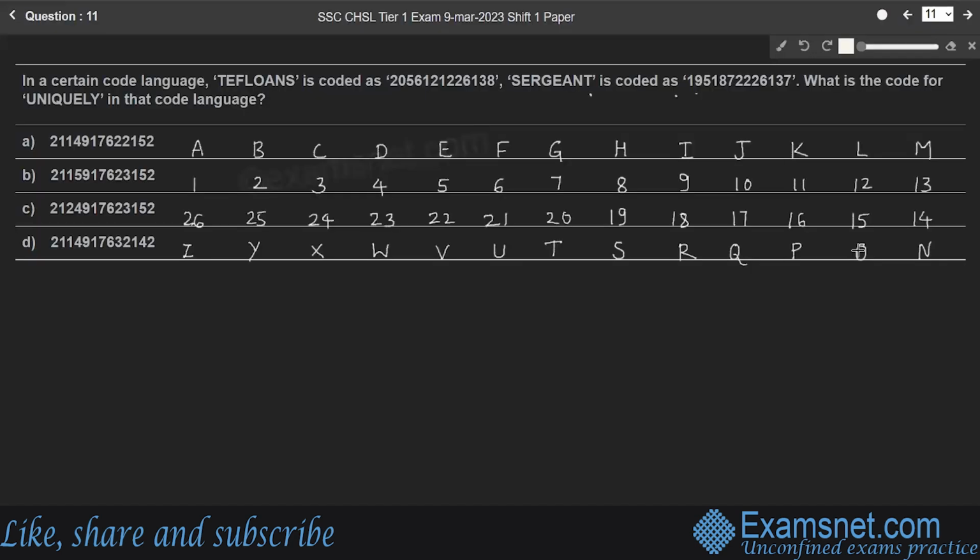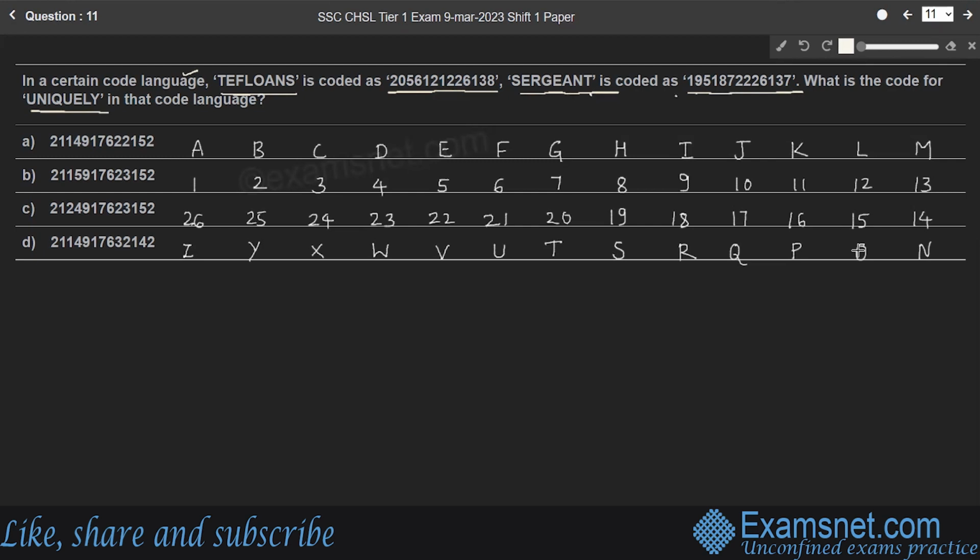Question number 11. In a certain code language, TEFLOANS is coded as 205612122638. SERGEANT is coded as some numbers here. What is the code for UNIQUELY in that code language? So I have just taken the positional values of all the alphabets here.